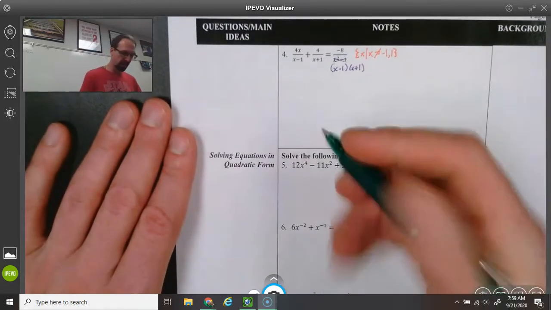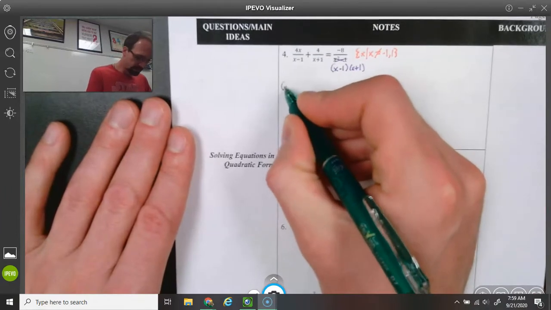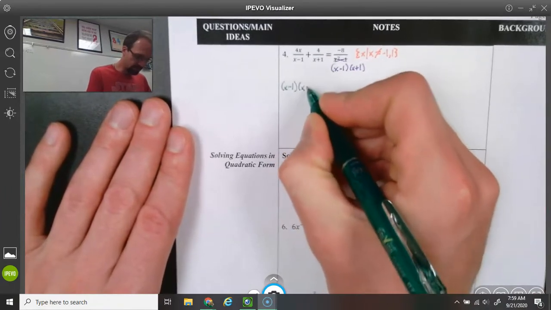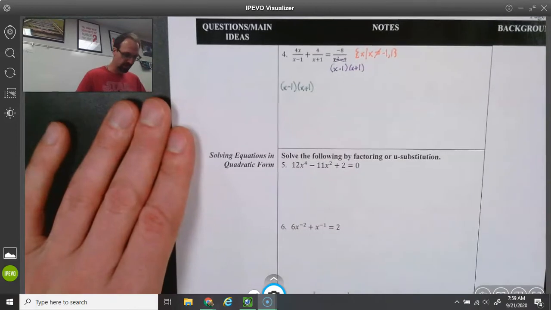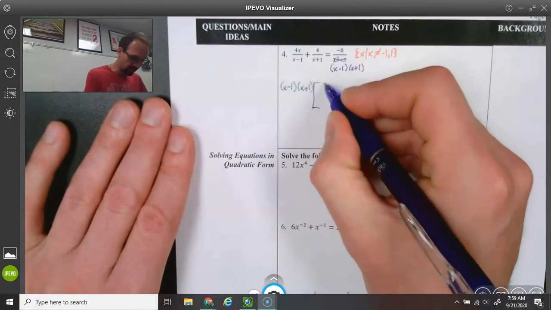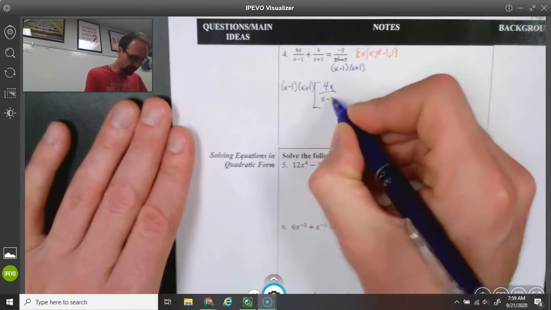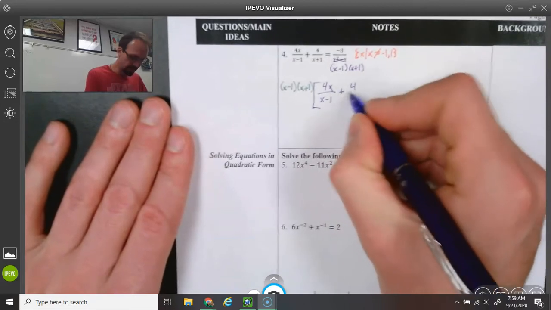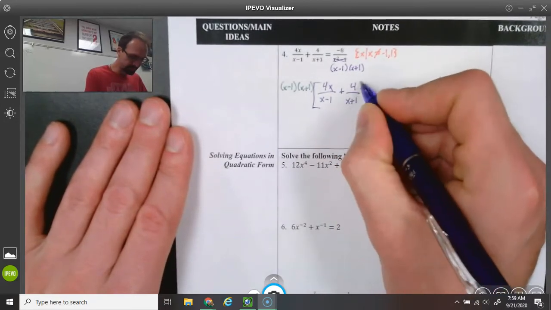Going through and multiplying both sides, this is going to be x minus 1 and x plus 1 times, on the left-hand side, 4x over x minus 1 plus 4 over x plus 1.